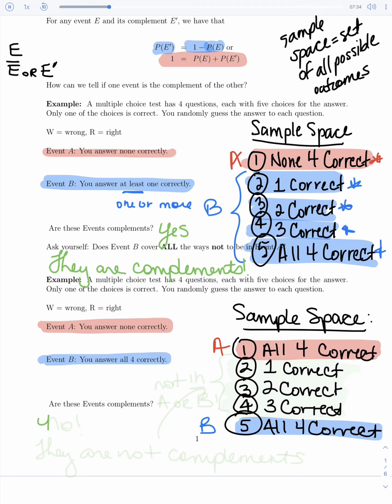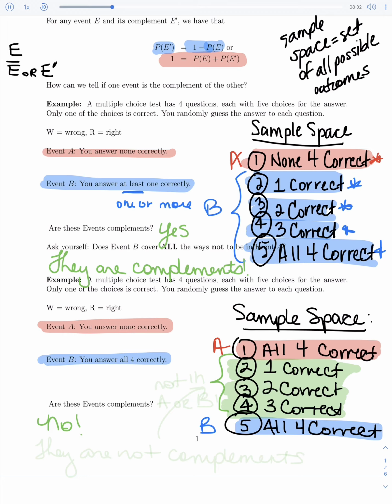The question is, why is it no this time? And it's because of all of these in the middle that are not included in A or B. When things are complements, you have to be in one group or the other, not both. There can't be any overlap, but there also can't be anything left out. And we've got all of these options here in the middle that aren't in either one of the 2 groups. You're not in A and you're not in B. So these are your issues.